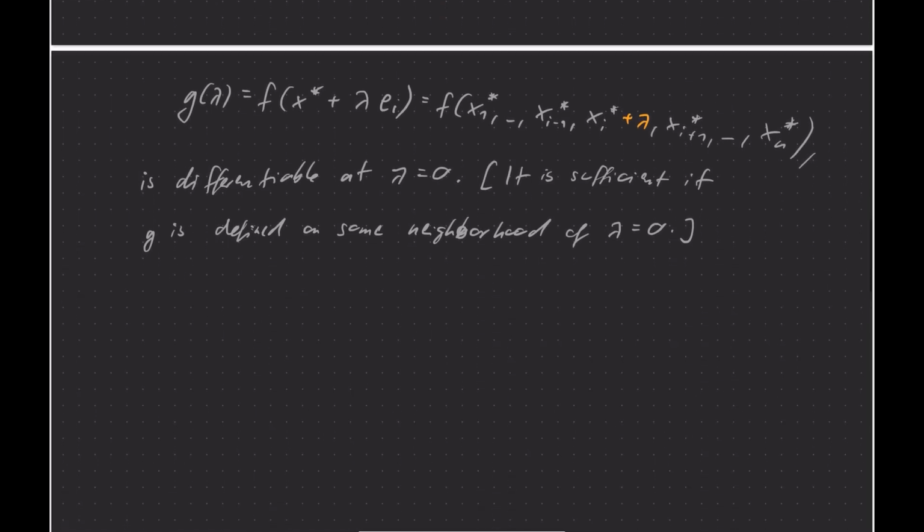Okay, so if that function is differentiable, then we will call the derivative of g at the point 0 the ith partial derivative of f at x star.